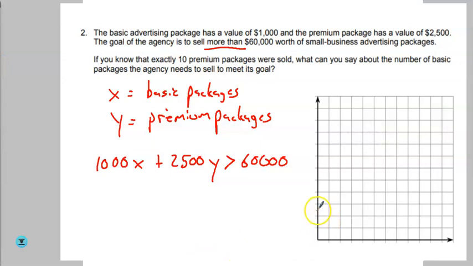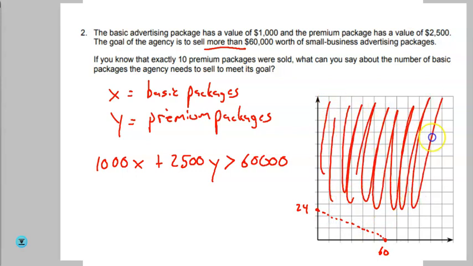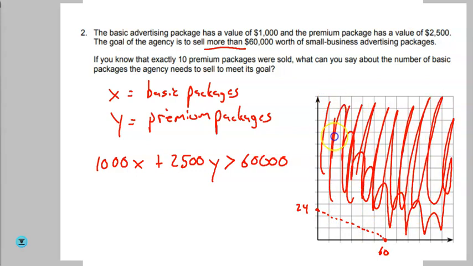So 10, 24 goes a little bit above. 10, 20, 30, 40, 50, 60. Label those so we know what numbers those are, 24 and 60, and it's a dotted line. And anything up here, any combination of packages up here is going to meet or exceed that goal. Well, we have to exceed 60,000. So all of these numbers exceed 60,000, all of those combinations.